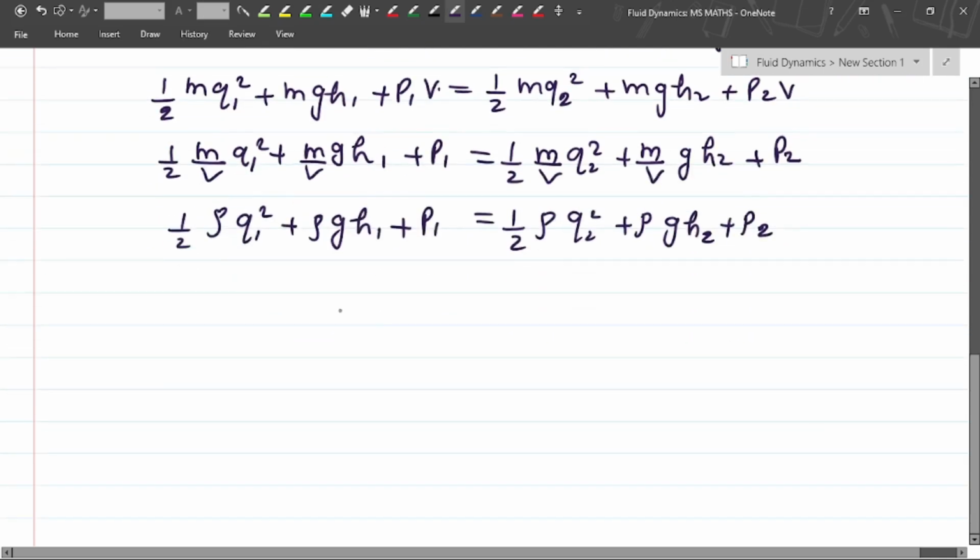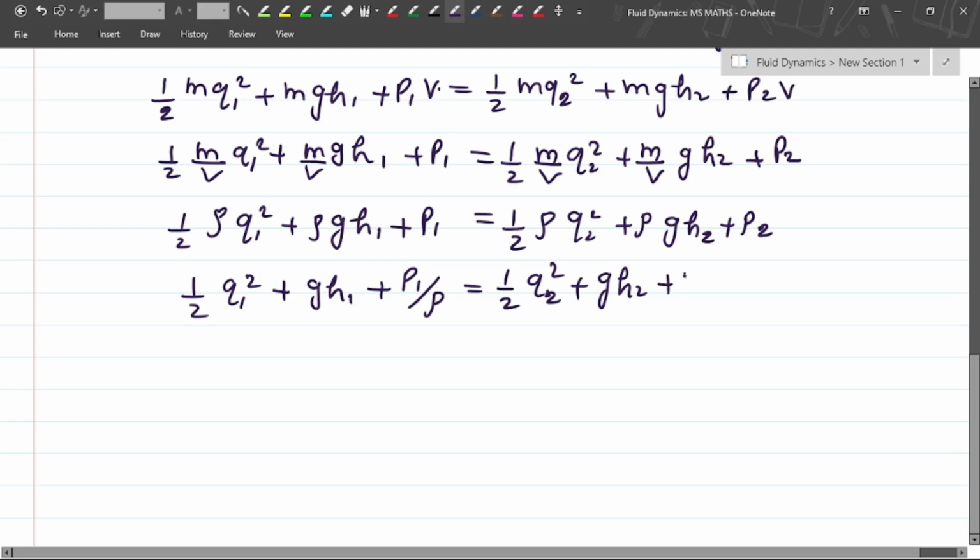Basically the density will be the same, rho1 and rho2 will be the same, so we represent them as rho. Now we can write it this way: 1 by 2 Q1 square plus gh1 plus P1 upon rho equals 1 by 2 Q2 square plus gh2 plus P2 upon rho. Okay, so in this way we can see this is Bernoulli's equation.